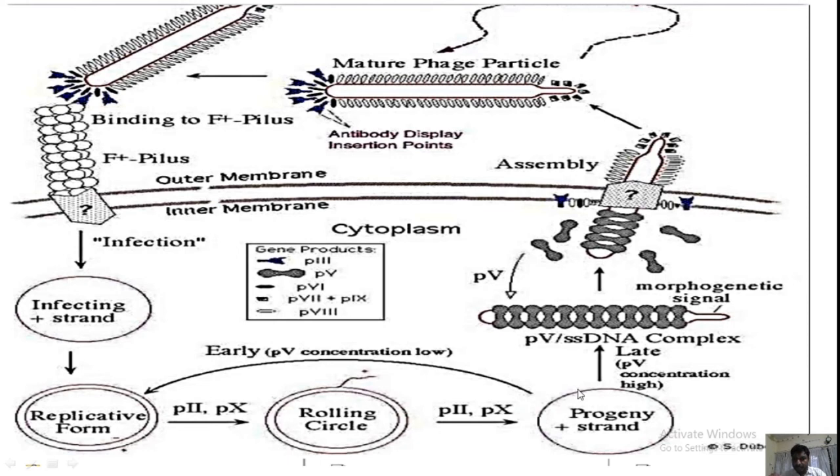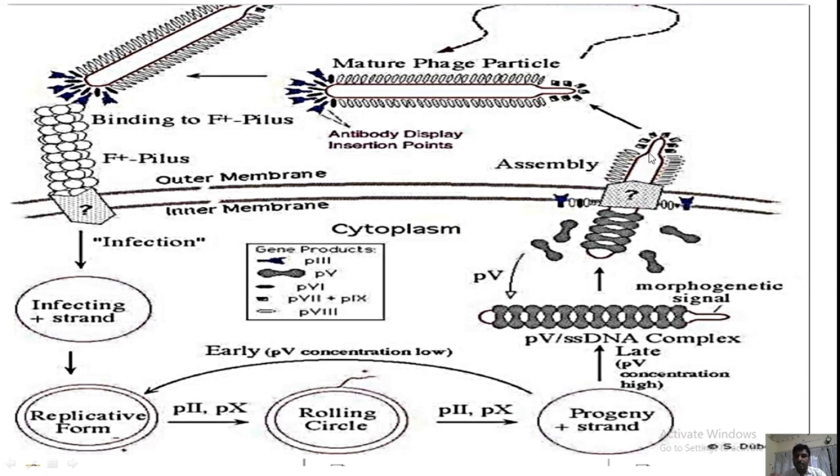So I have told you that this single stranded genome may be recognized by gene 5 protein, and then the bacteriophage genome tries to extrude through the bacterial membrane towards the outside.